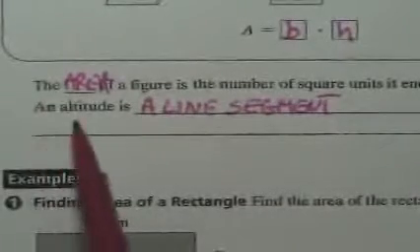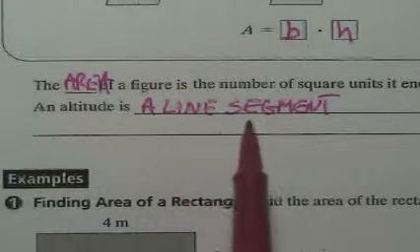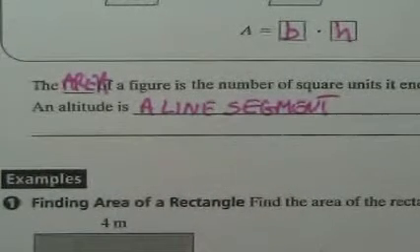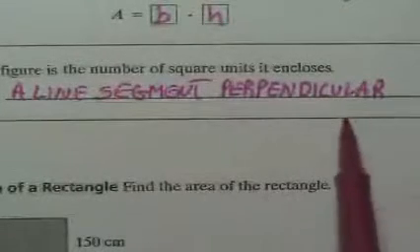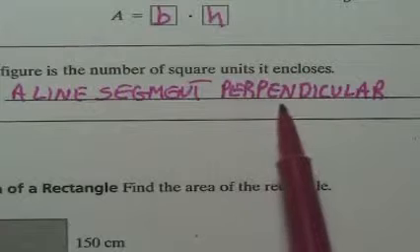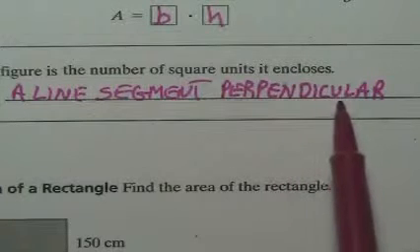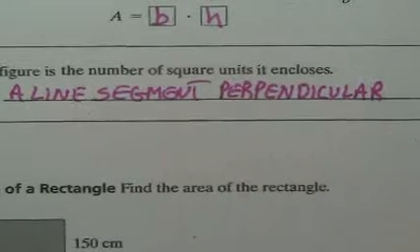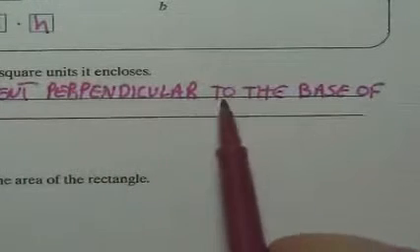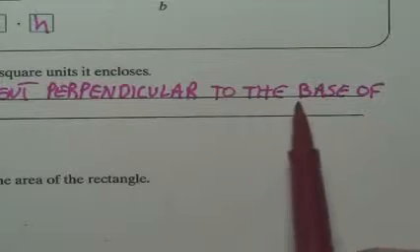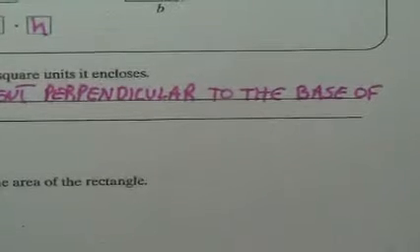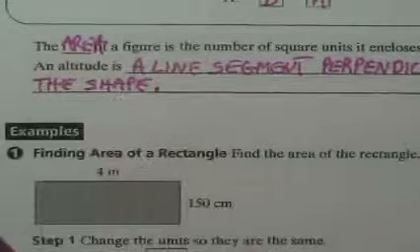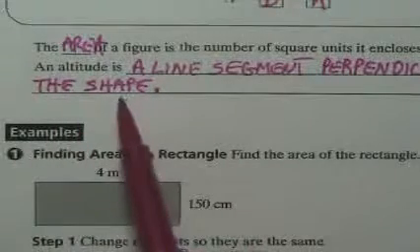Now let's go over the definition of an altitude. An altitude is a line segment perpendicular, P-E-R-P-E-N-D-I-C-U-L-A-R, perpendicular, to the base of the shape.